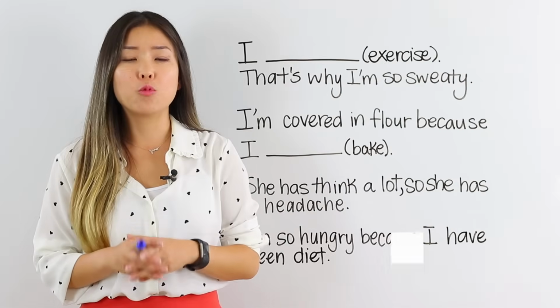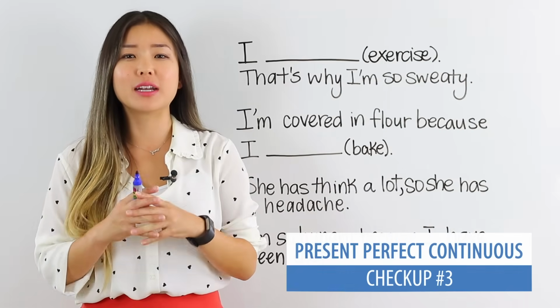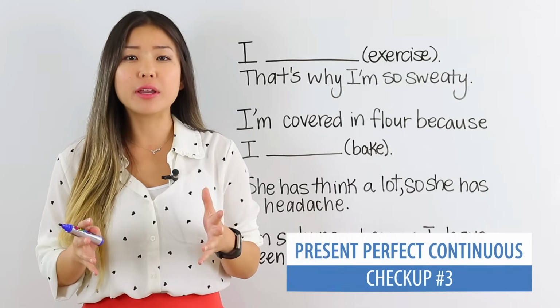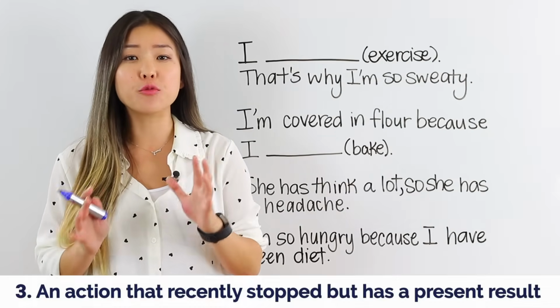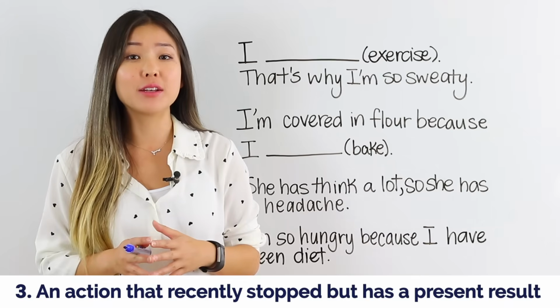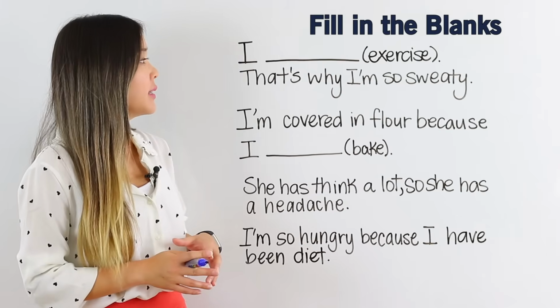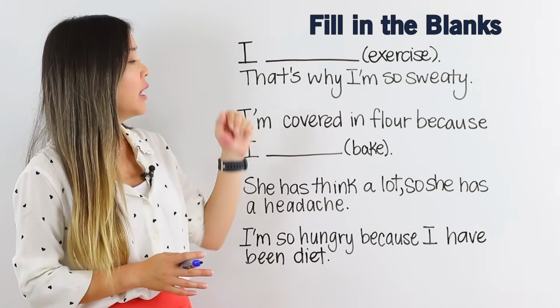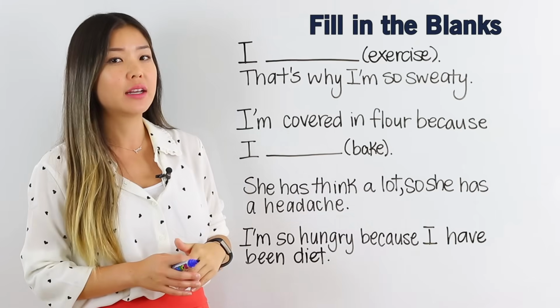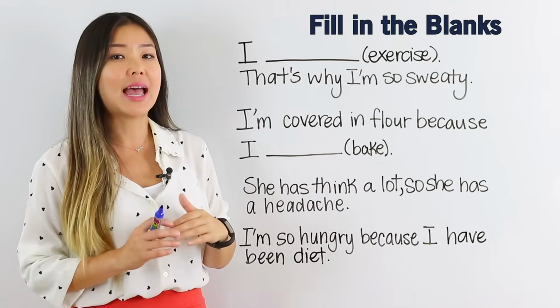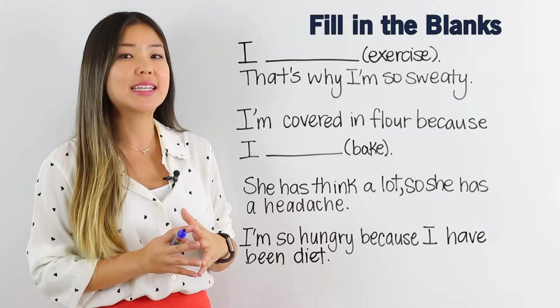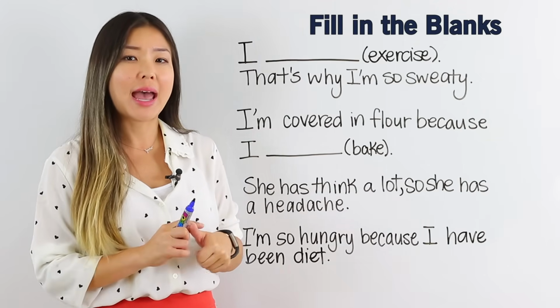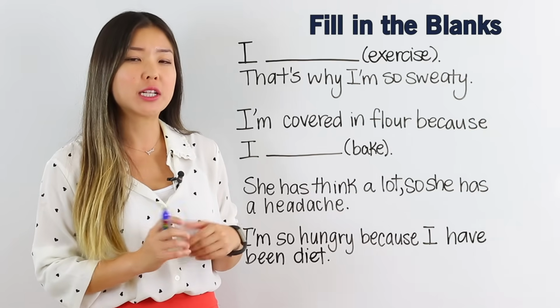In this checkup, we'll talk about the present perfect continuous tense and how it expresses an action that stopped recently but has a present result. The first sentence says, I blank. That's why I'm so sweaty. The verb here is exercise, and the subject is I. Do we use has or have for the subject I?